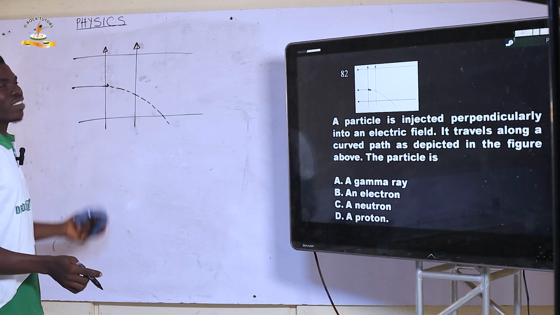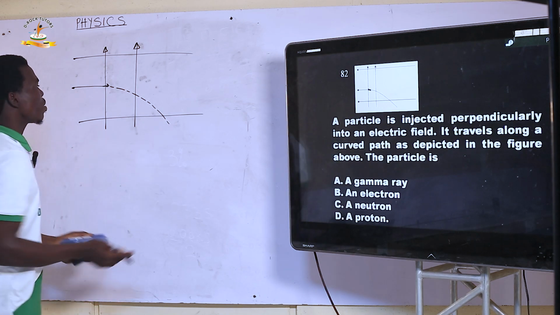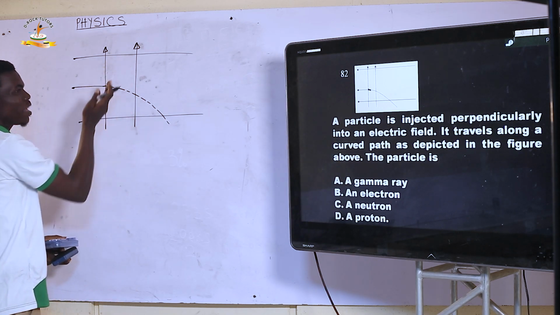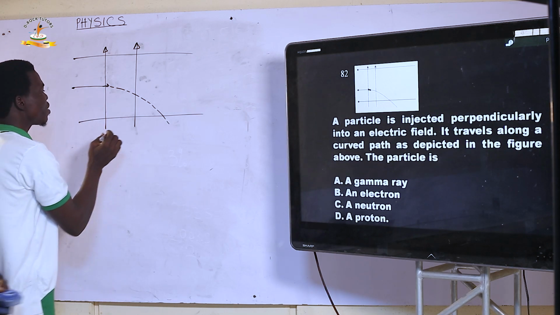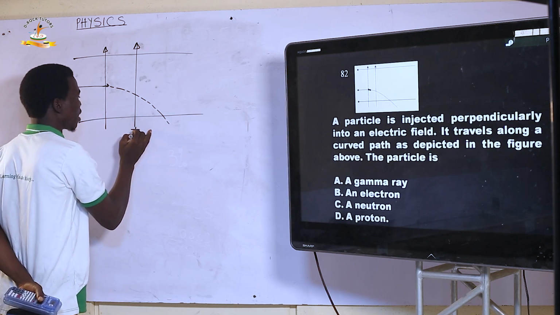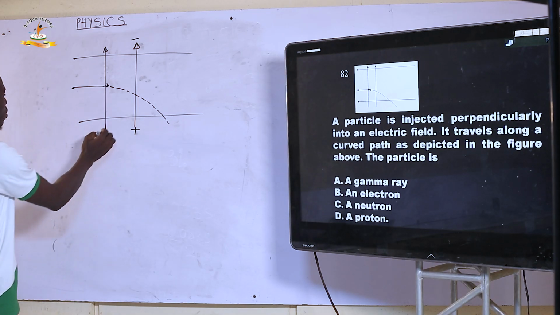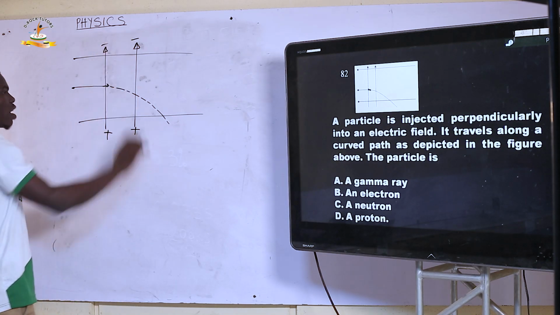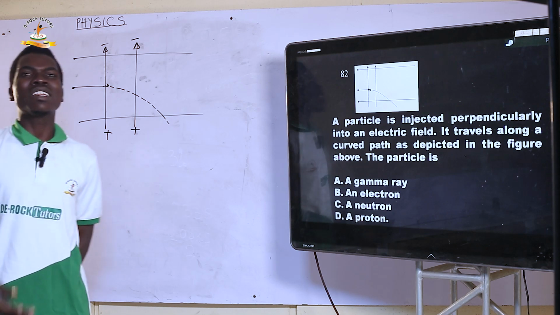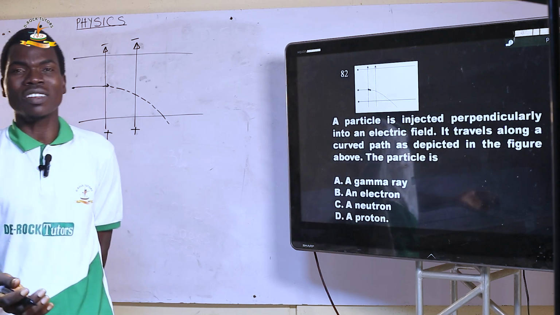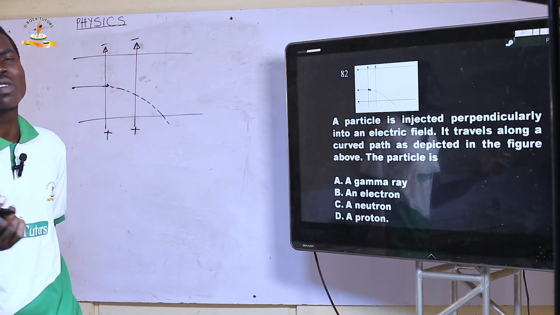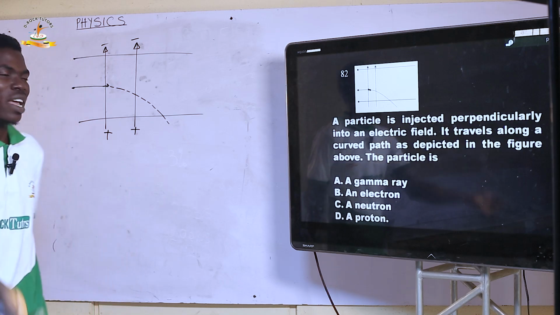And in such a way, the arrow comes this way. However, we need to know the charge here. Because the arrow is moving up, it means that there is a positive charge down here and there is a negative charge up here, because the direction of a field is such that it moves from the positive to the negative.